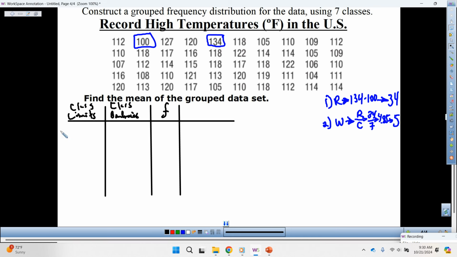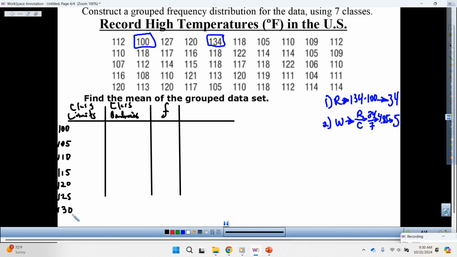All right? Get us started here with my first class. What's the number, everyone? First number is what? 100. Second class is what? 105. That is correct. How about the next one? 110, 115, 120, 125, and one more, 130.